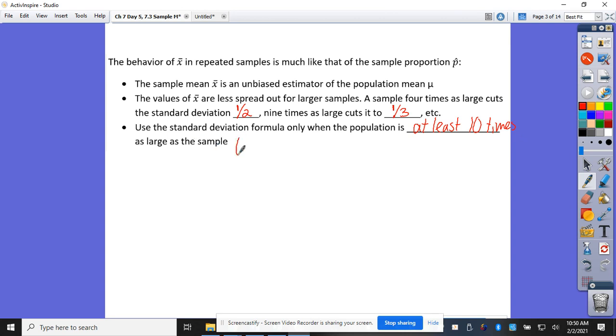And if you're not going to remember that and you would rather just write this below it and be okay with it, that's fine. So 10% condition is still the case when we're dealing with means. It's still necessary to use standard deviation when we deal with means.